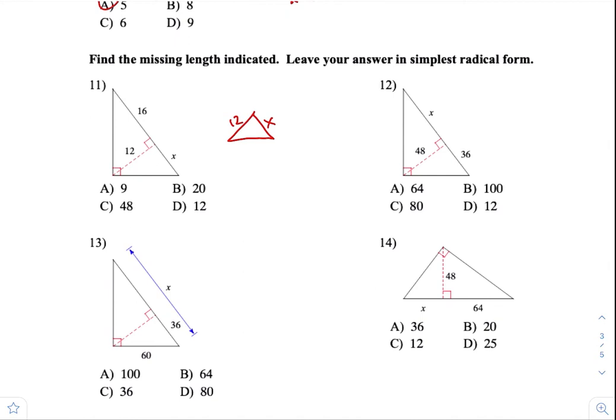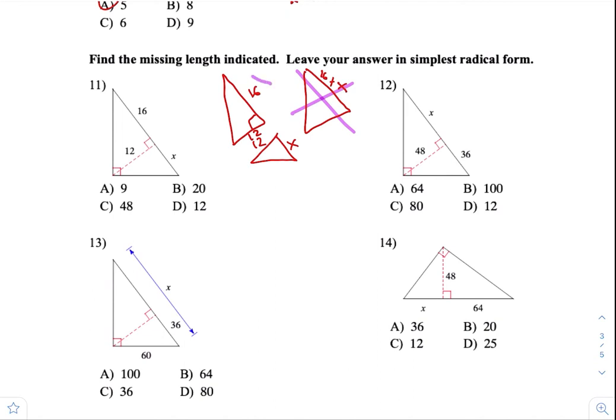We have this triangle, which is 16 and 12. And of course we have the bigger triangle. But all we know for the bigger triangle is that this length is 16 plus x. So we're not going to use this one because there are two unknown lengths. We're definitely going to be using these two.